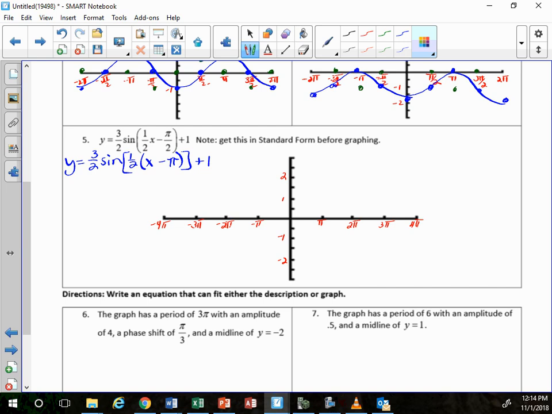You mean get taller by a half? Yes. So this is going to be up here, 1.5, negative 1.5, right?